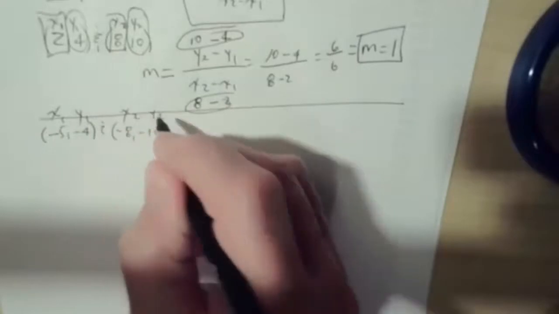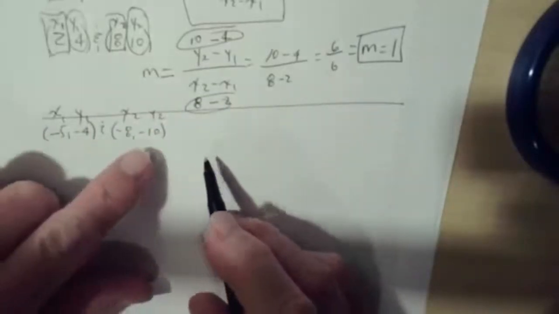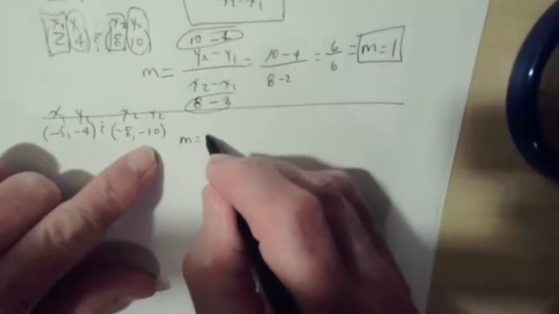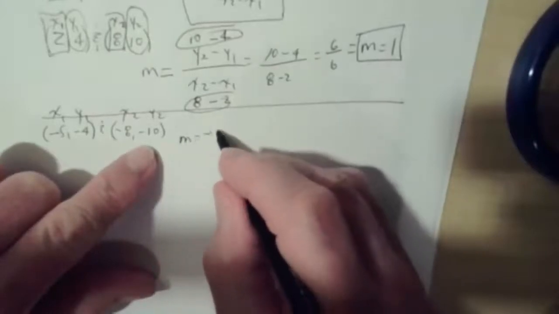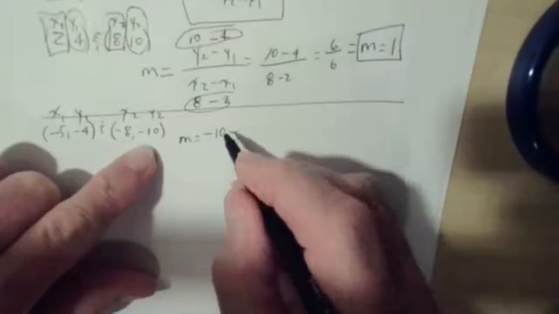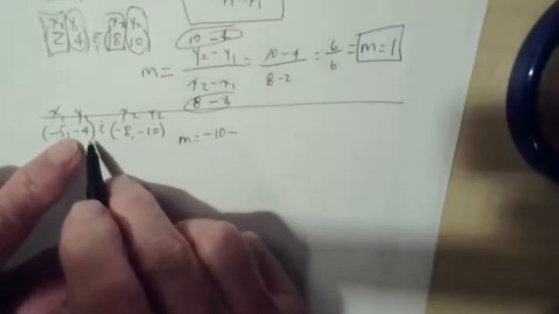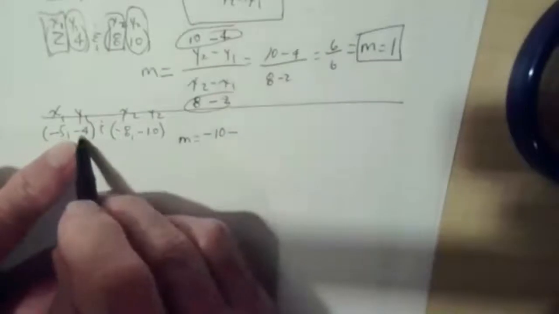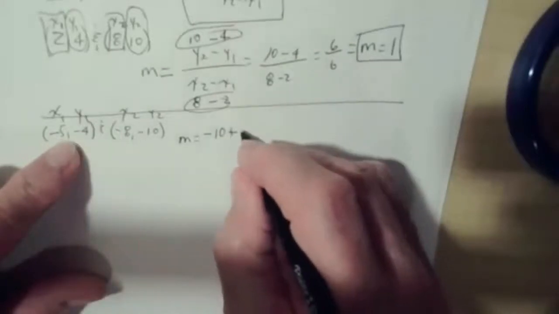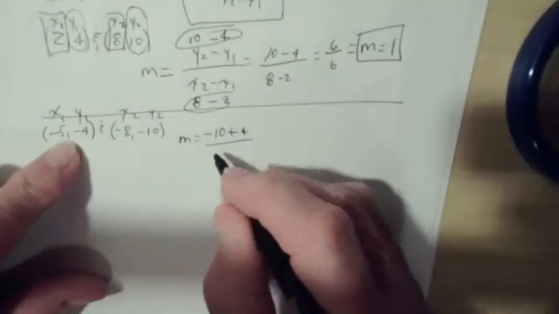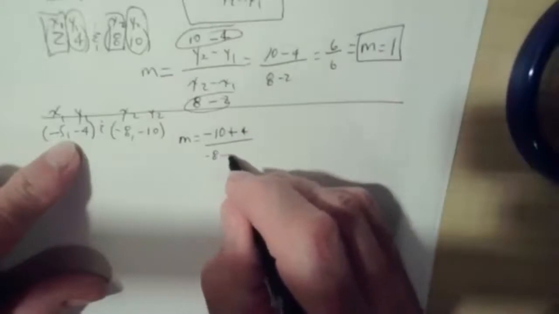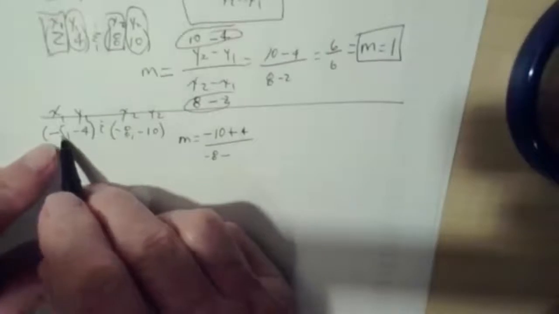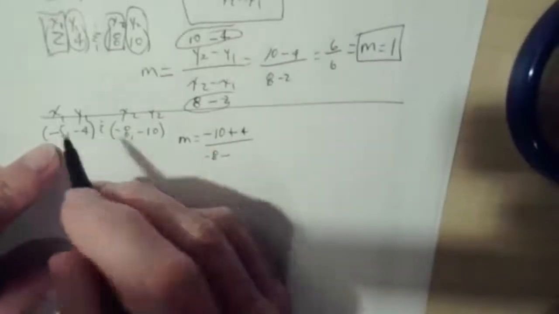So our y2 is -10, minus a -4. Now the formula says minus a -4 makes it a +4, over -8 minus x1, which is -5, so minus a -5 makes it a +5.